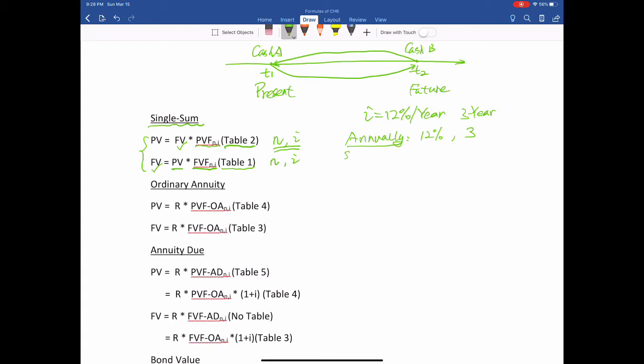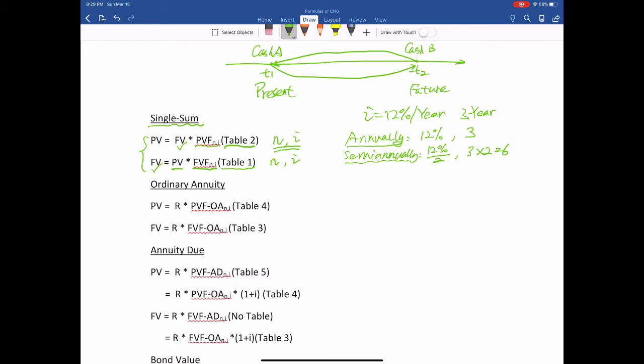If it is compounded semi-annually, each year the interest will be compounded every 6 months, or half a year. So the interest per period, or interest per half year, will be 12 divided by 2, and the number of periods is 3 years multiplied by 2, so it's 6.